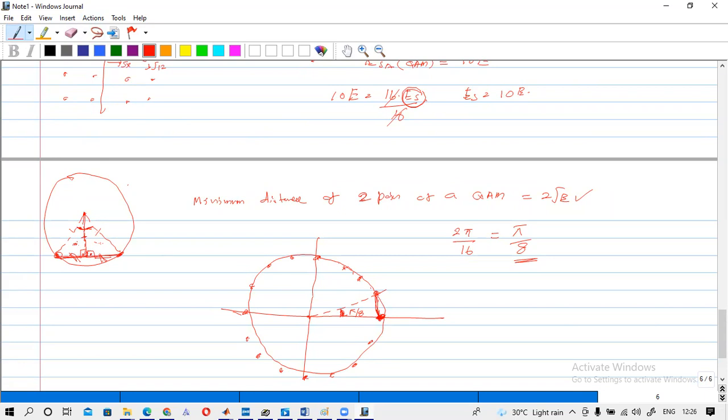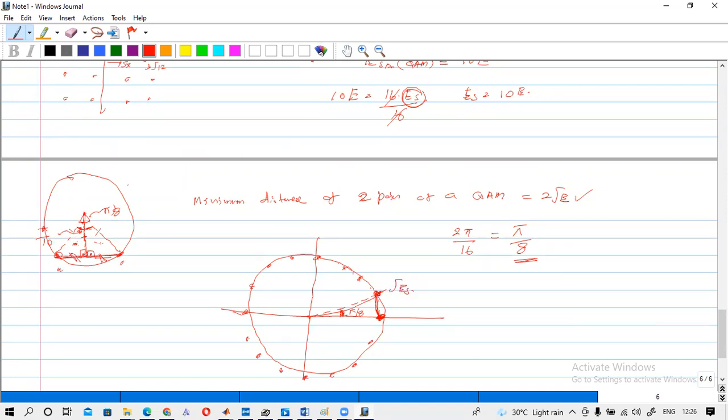If you consider this point and this point, the total angle will be pi by 8. And what is the half of this angle? It will be pi by 16. This is the radius, and what is that radius? Actually, that is the root of the symbol energy.